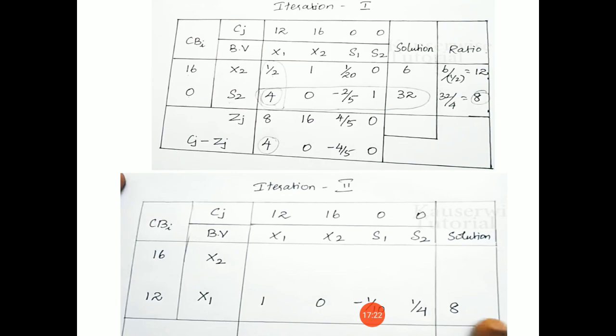From the iteration 1 table, I found the key element to be 4, and the old values for the x1 row are 4, 0, minus 2 by 5, 1, 32, as can be seen from the iteration 1 table. So what I need to do is old value divided by key element. 4 is the old value for the first element of the x1 row. 4 divided by the key element 4 is 1.